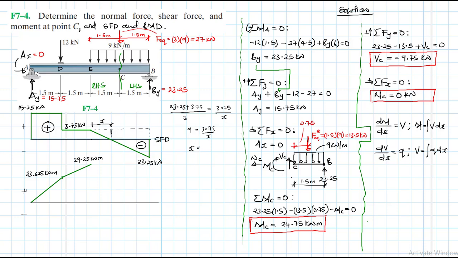Then x, therefore, is just going to be equal to 3.75 divided by 9, which is 0.4167. Have I done this correctly? Yeah. Okay, so this is about it. We have found that length.